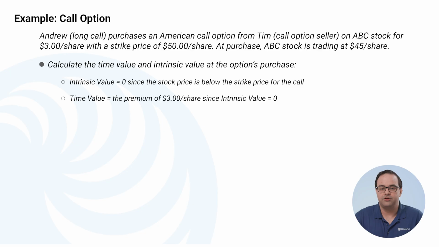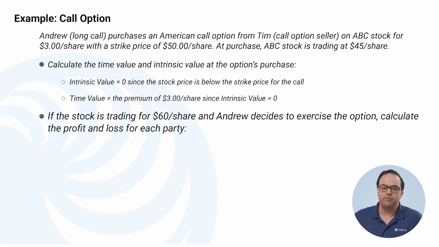The time value is the premium less intrinsic value. Since intrinsic value of this option is 0, the time value is simply the premium, which is $3 a share. I'll also note this is an American option, which means that it can be exercised anytime up until maturity. A European option can only be exercised at maturity.